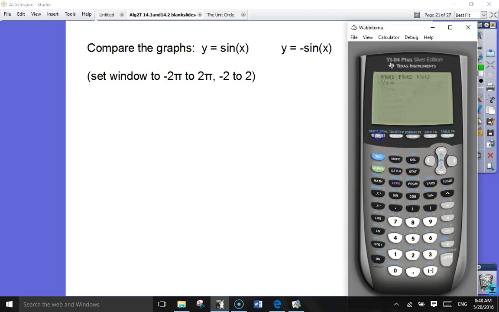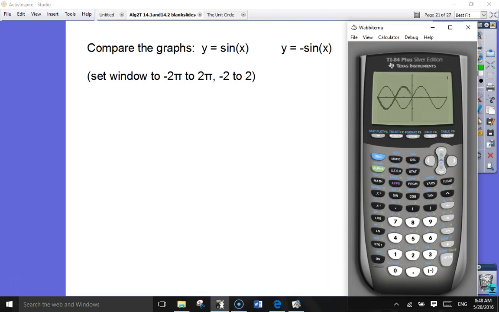And then I go up here, and sine x. And on the second one, I'll make it negative sine x. And just to show how they're different, I'll make that a second one, a fat line. Graph. There's a sine function.